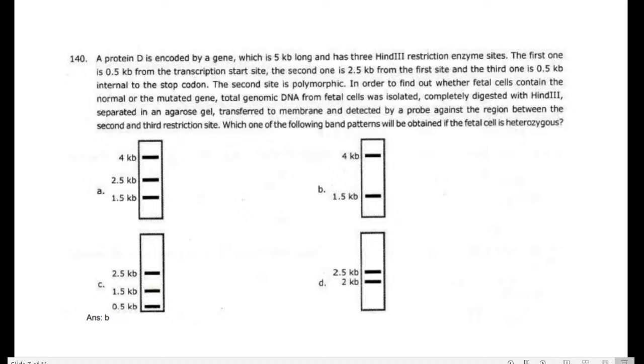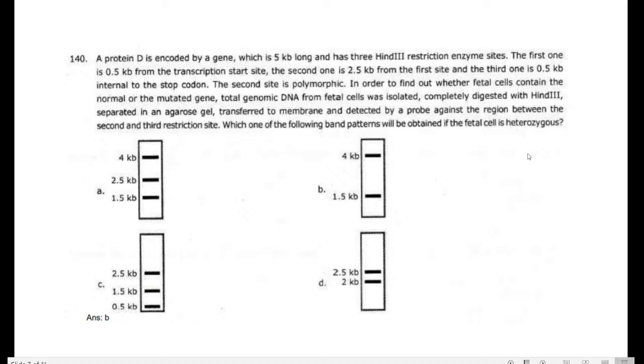Which of the following band patterns will be obtained in the fetal heterozygous? The important thing they mention is that the first site is at 0.5 kb. Just imagine, draw a line, a 5 kb length line. 0.5 kb is the first site.